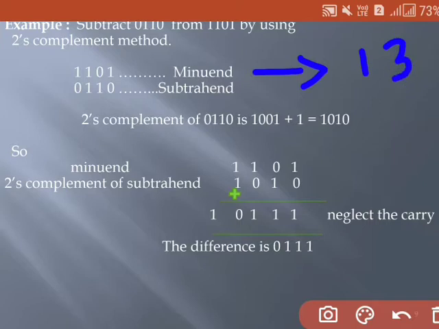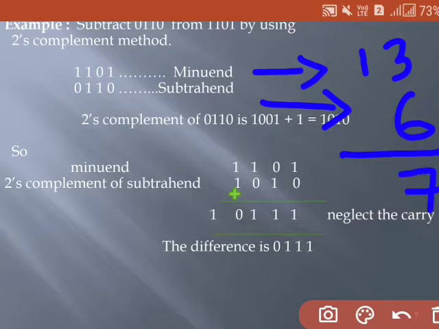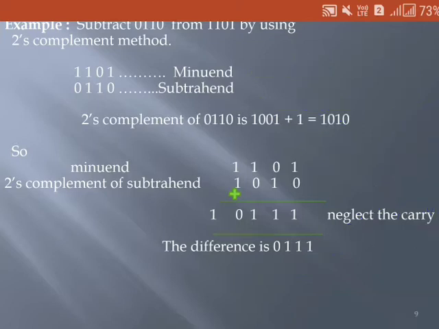The decimal equivalent of 0110 is 6. So if you are subtracting 6 from 13, you will be getting 7. So the final result you got is 0111, which is the binary equivalent of decimal 7. So the procedure you have adopted is correct. I am checking it with decimal numbers.